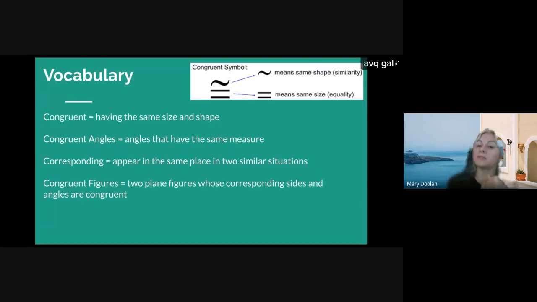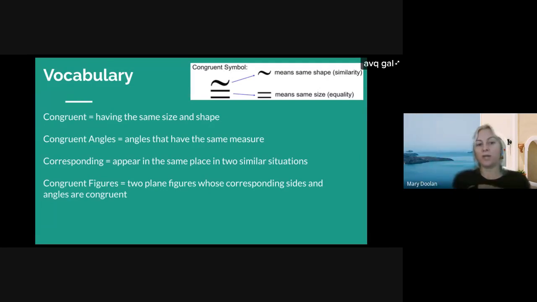And then the equal sign, you recognize, I'm sure, that means equality, which is the same size. So if I put those two together, we have the same shape and same size, which is our definition of congruent as well. So the symbol for congruence is the wavy thing and then an equal sign under it. A similar symbol and an equal sign under it.